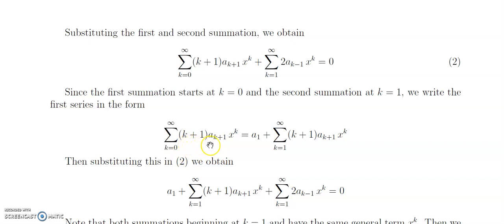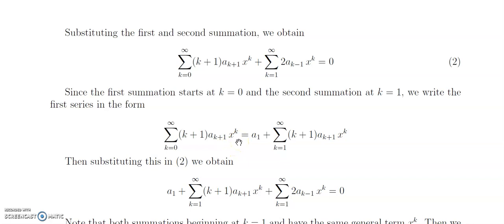The sum of k plus 1 times a k plus 1 times x to the k, where k goes from 0 to infinity. We will write the first term of this series separately. To see what is the first term of this series, we make k equals 0. 0 plus 1, which is 1, times a sub 1 times x to the power 0.